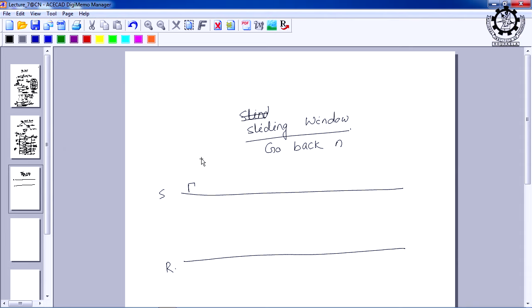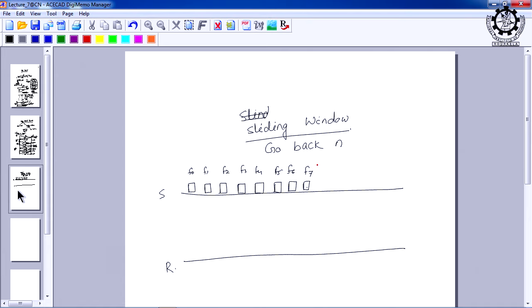So, you have the different frames F0 to Fn, like we have seen in the window: F0, F1, F2, F3, F4, F5, F6, F7. Let us say we are talking about one window only. We are not considering the sliding, expanding or shrinking case, which happens automatically in sliding window flow control.